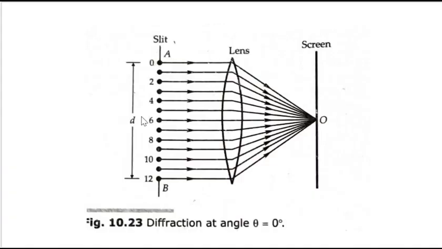So this is how it will look. Let us divide this slit into 12 points. The wave coming from this 0 and the wave coming from this 12 are in the same phase. So at this point they will interfere constructively.